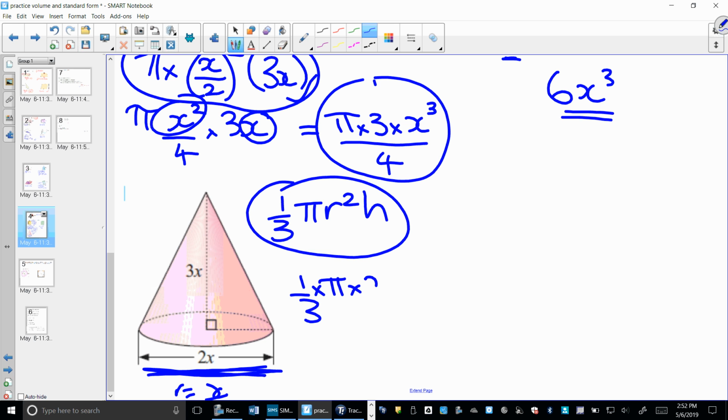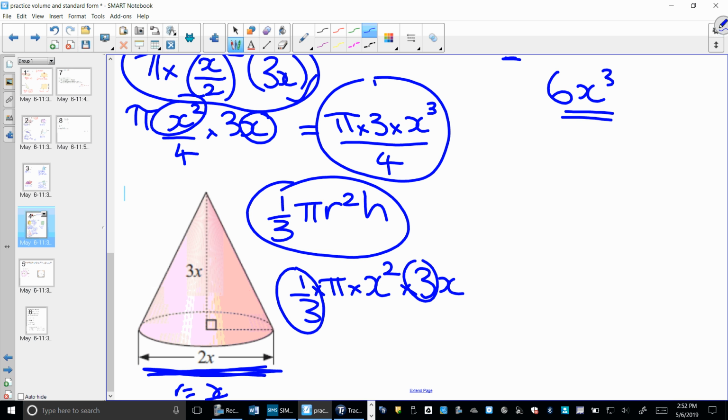So we're going to do x squared, and then what's our h? 3x. Is that it? No, you've got to simplify. Now look, we've got 1/3 multiplied by 3, which is 3/3, which is 1 whole one.